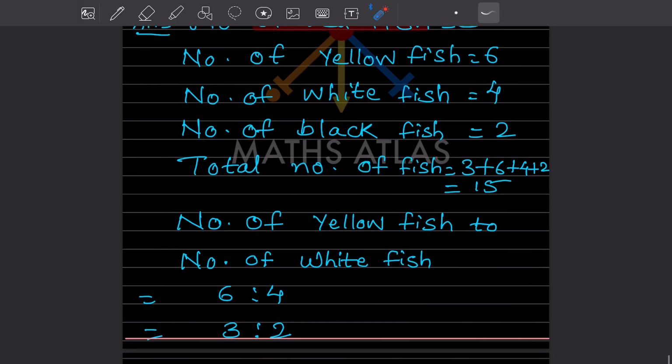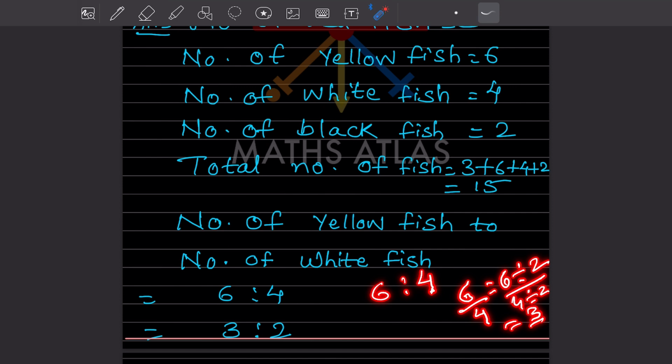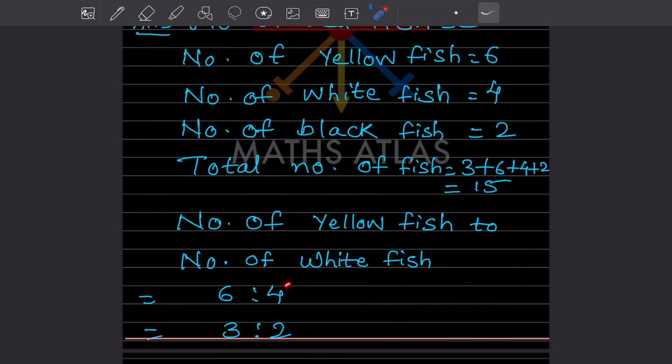So we write 6:4, and further we can simplify it. 6:4 can also be written as 6/4, so we divide by 2, which is nothing but 3:2. 3/2 will be nothing but 3:2. You can also do it like this, 2 2s are, 2 3s are. Anyways, there are different ways of solving.